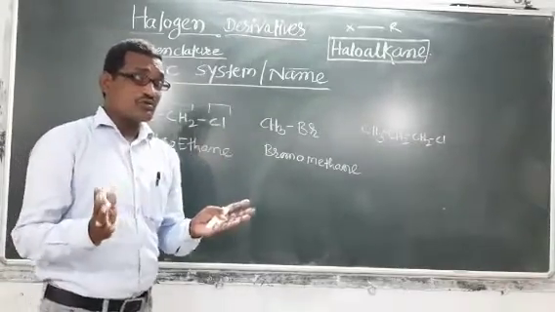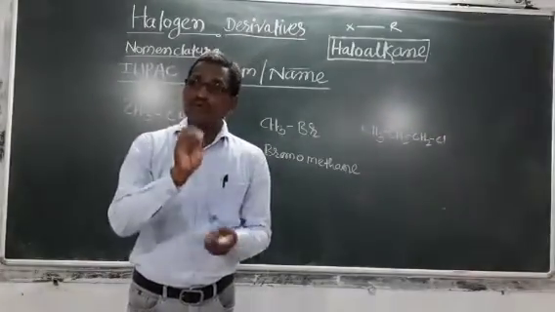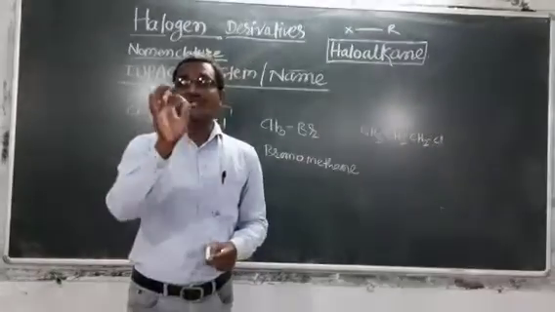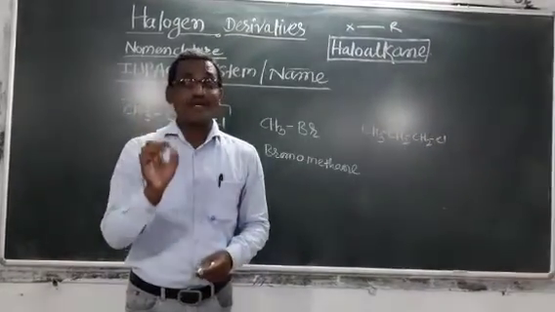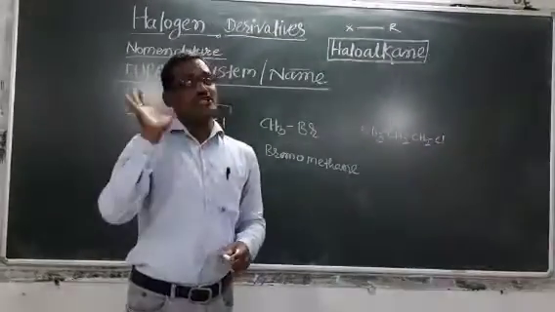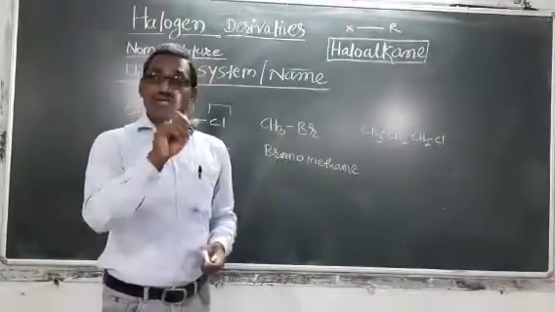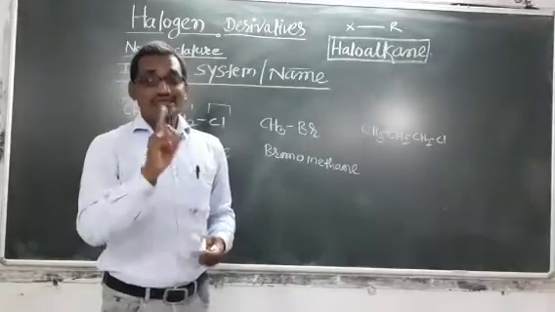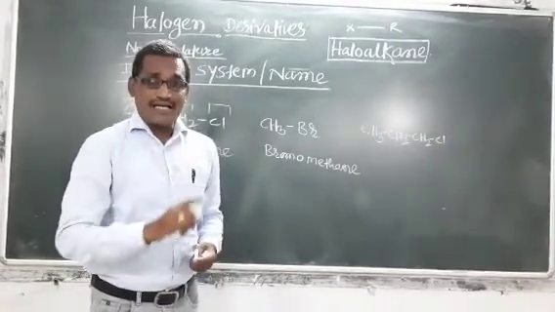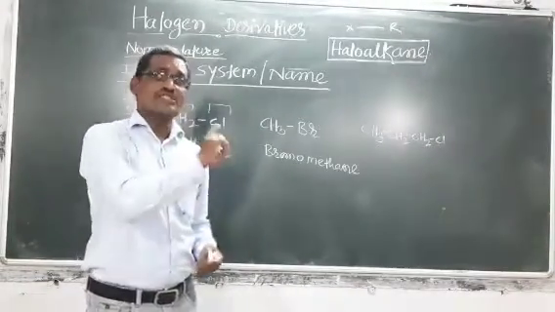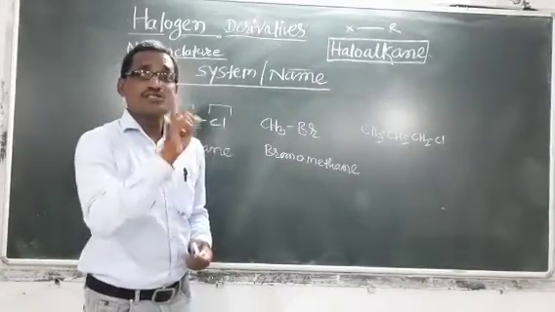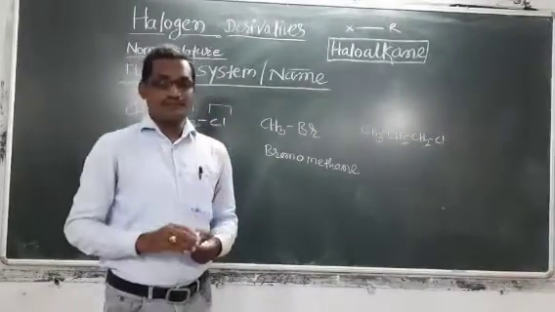Let me revise some rules. First of all, we have to select the longest continuous chain of carbon atoms containing the halogen atom. Second rule, give numbering to the chain such that the carbon atom which has the halogen atom acquires the smallest possible number.